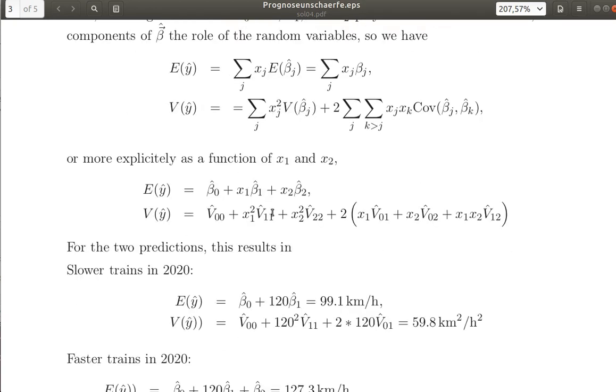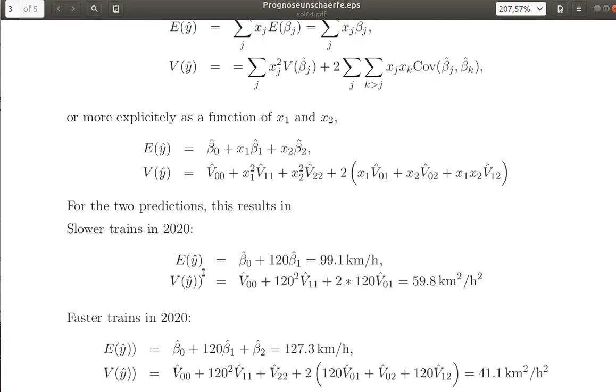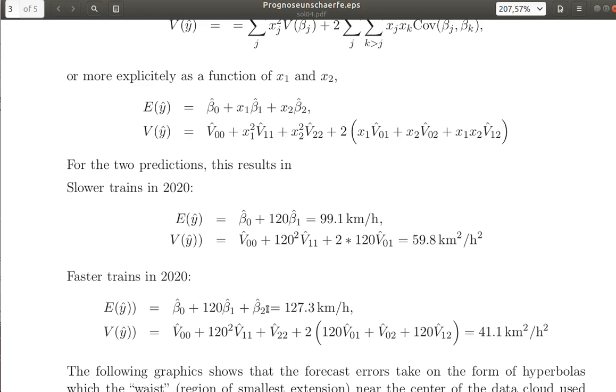Now we can specialize it to the two predictions. So first for the slower trains, this is the linear combination of beta 0 and 120 beta 1. The variance gives 1 times the variance of beta 0, then 120 squared times the variance of beta 1, and 2 times the covariance. And this gives this term. In 2020 for the fast trains we have 3 terms.